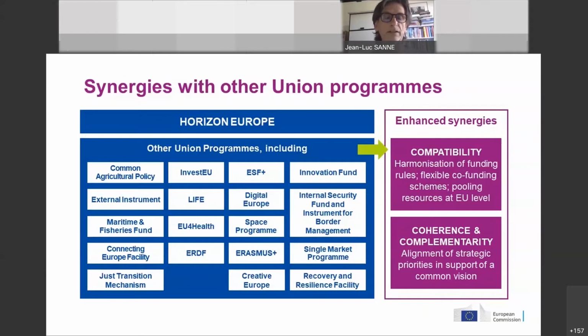There are some programs that are definitely of interest for personalized medicine: the EU for Health program, the regional funds, the Digital Europe program. You also have InvestEU. So there are many programs that can provide support or input to a partnership in personalized medicine.